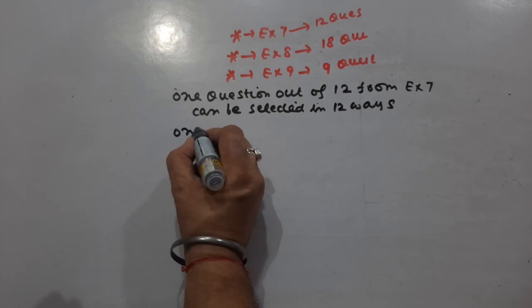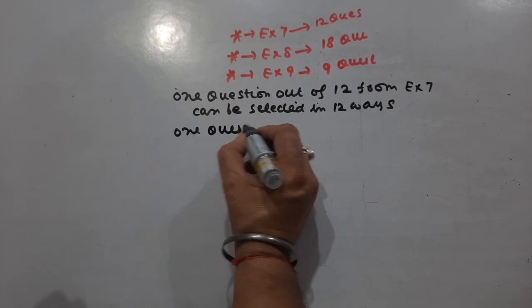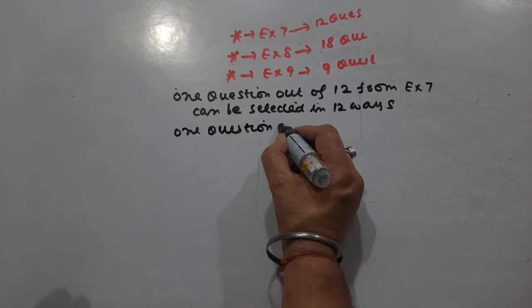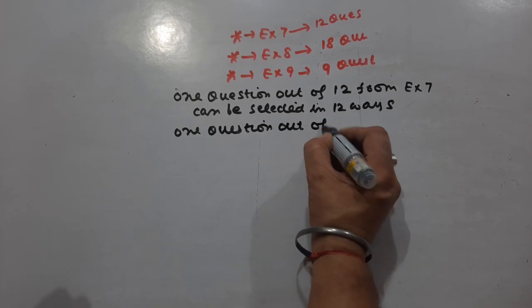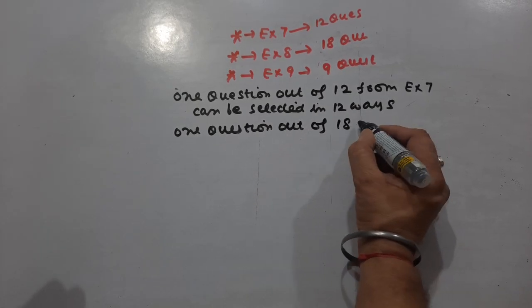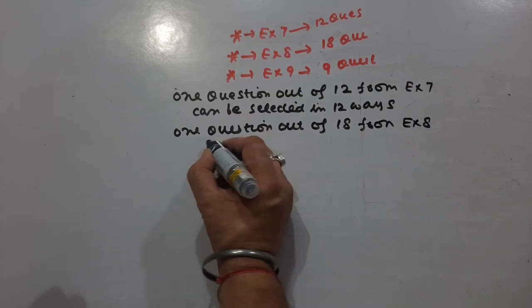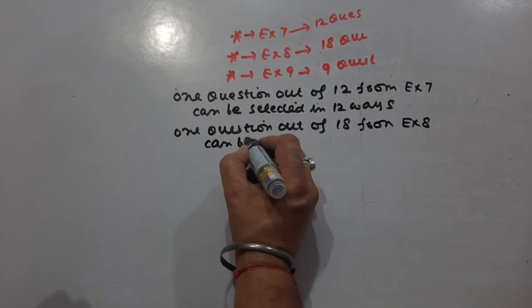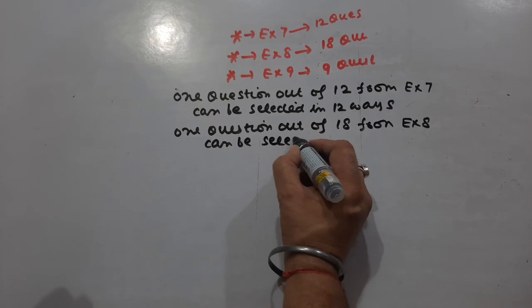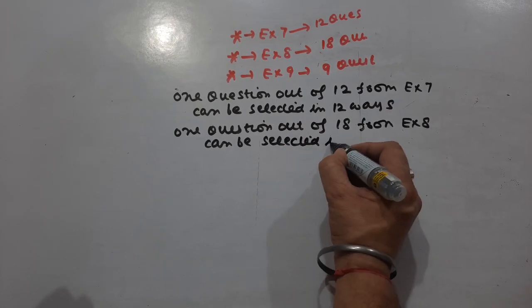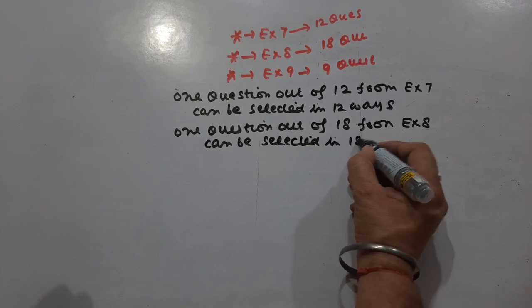Then similarly we can write one question out of 18 from exercise 8 can be selected in 18 ways.